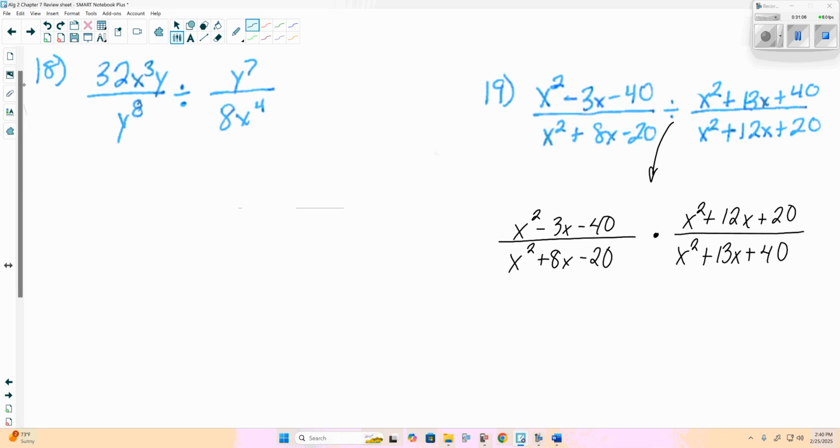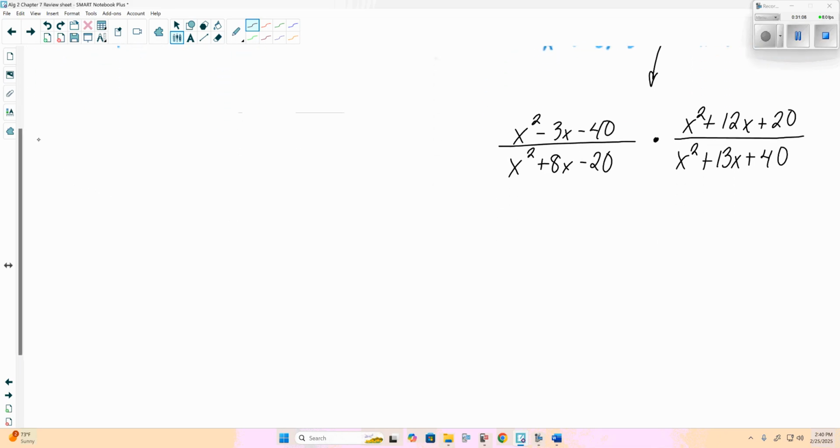Keep, change, flip. And from here, this is the exact same as multiplication. Really, for division of these rational expressions, keep, change, flip, treat it exactly like we did with multiplication.